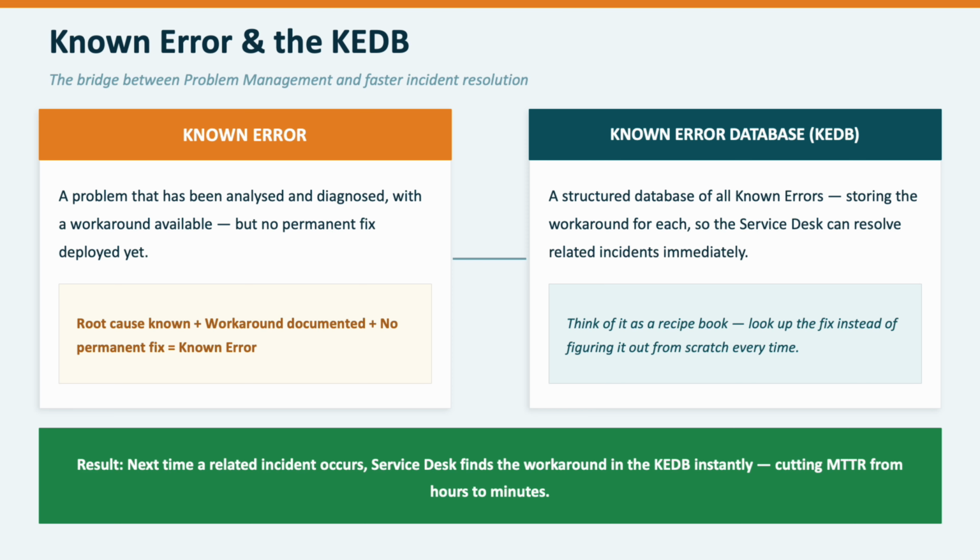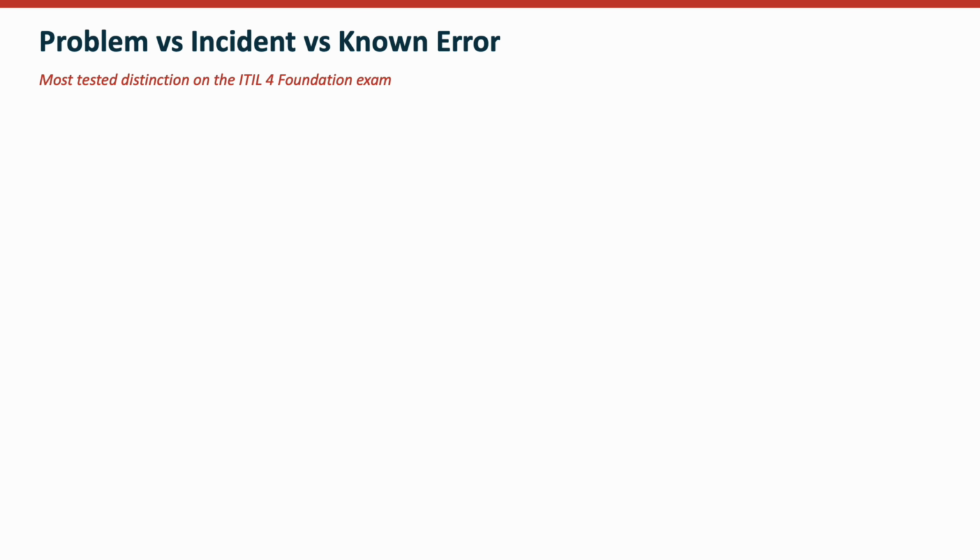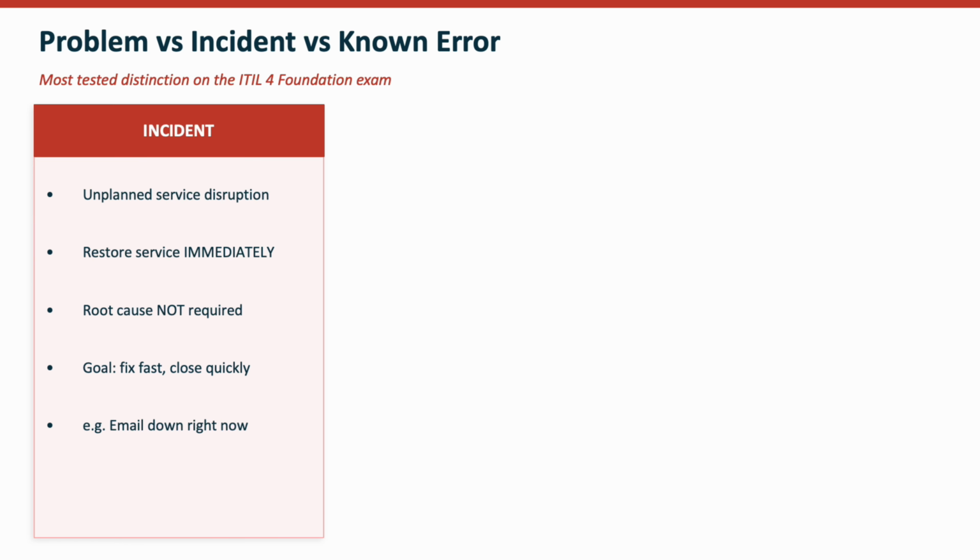Now we will talk about problem versus incident versus known error. Try to understand that, guys. An incident is an unplanned service disruption: the services people were using properly, and now they get an unplanned disruption.